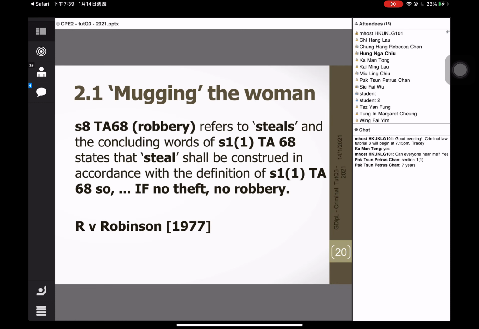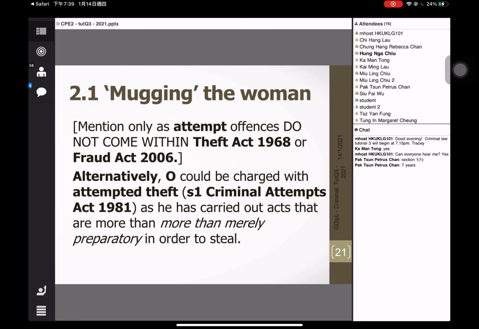So Section 8 then, robbery refers to stealing, and if there's a problem with theft, then we can't have a robbery, and that's exactly the situation we have here.